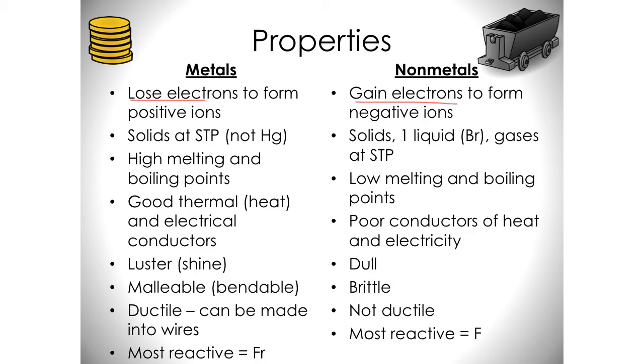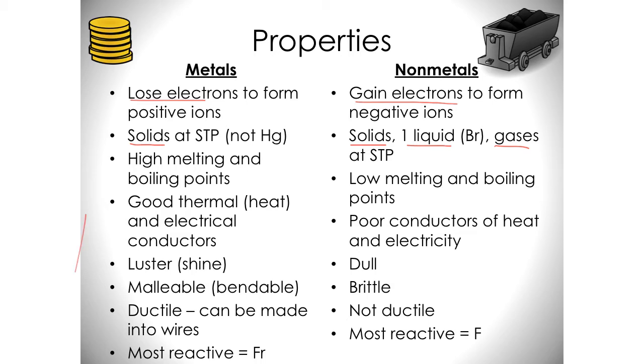And again, we're going to be talking about that when we talk about ionic radius a little bit more. All of our metals are solids at STP, except for mercury. Our nonmetals, we have some solids. We have one liquid, that would be bromine, and we also have some gases too. So if something is an element and it is a gas at STP, it is a nonmetal.